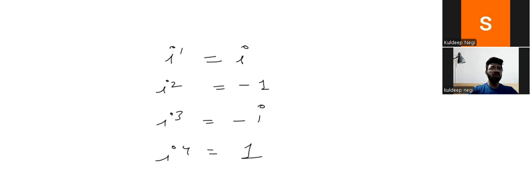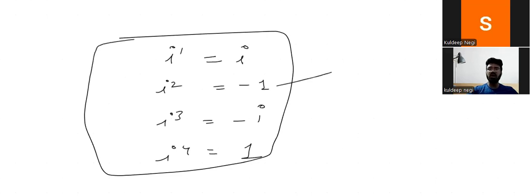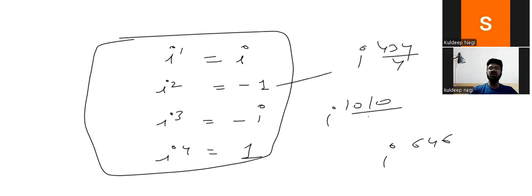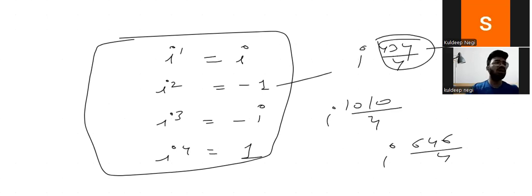Other than these four powers, if you have any power like iota power 434, iota power 1010, iota power 646, you can find out the value by dividing the power by 4, noting down the remainder, and that remainder will replace this power. And then you will be able to find out the value of that remainder with the iota. So that is about the powers of iota.